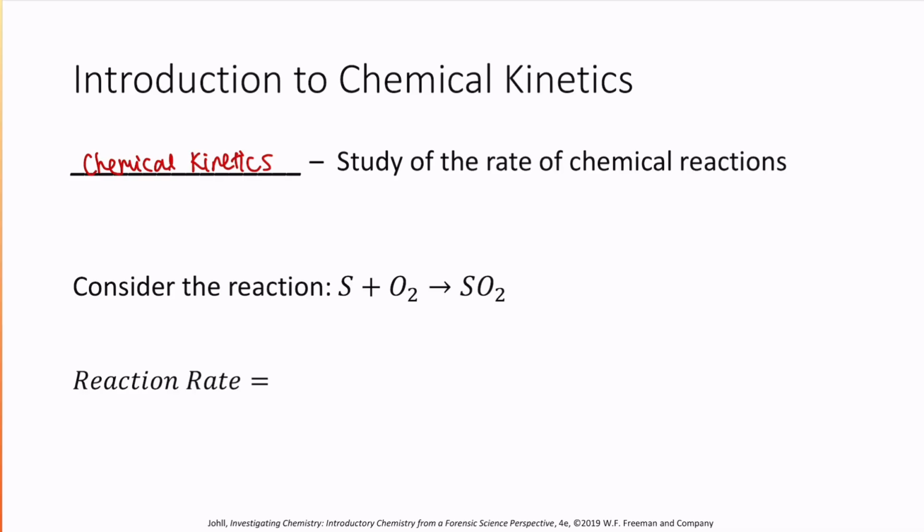So if we look at the example of sulfur reacting with oxygen to form SO2, the reaction rate is going to be the amount of SO2 formed over a change in time.